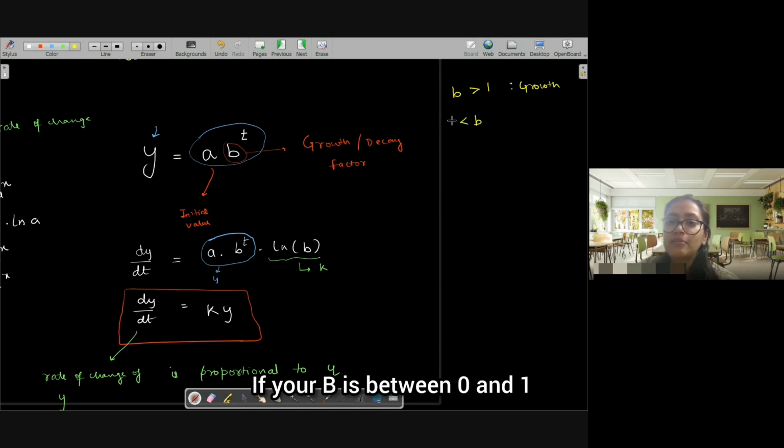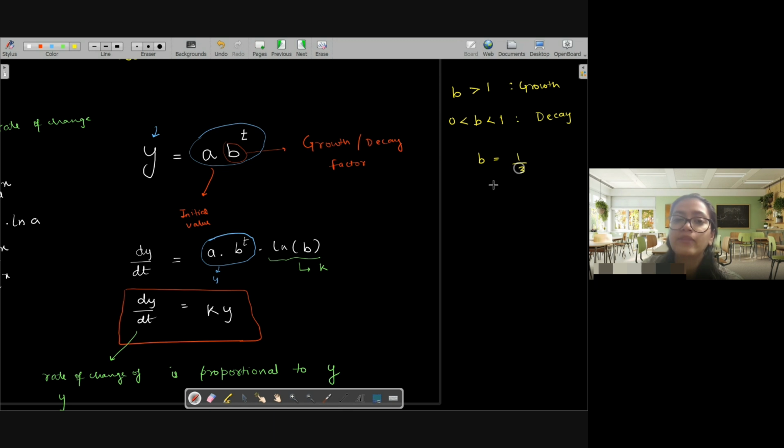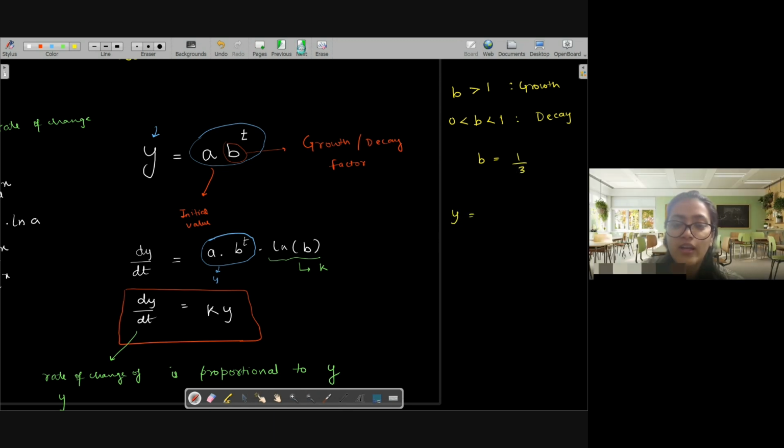If your B is between 0 and 1, that means that quantity is decreasing or shrinking or reducing. That is the case of decay. Why is that happening? Because if I take B equal to, let's say, 1 over 3. You remember this, right?